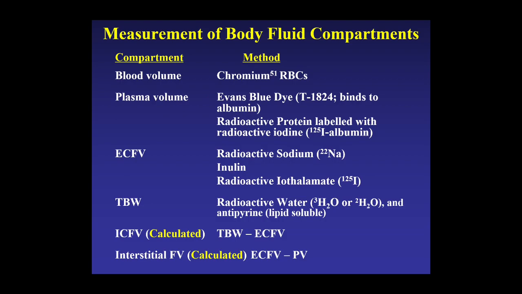If it goes only and tags on albumin, and we have a lot of albumin in the plasma, then if I give a certain amount of Evans blue, I know the concentration in the amount that I gave. I take a plasma sample, measure the concentration, and therefore I can determine the plasma volume using Evans blue. Other radioactively labeled proteins can also be used to measure plasma volume.